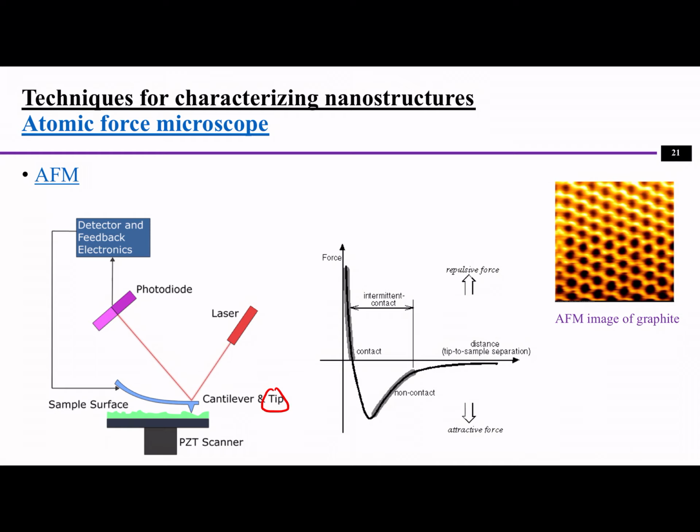So we use a laser, by reflecting the laser beam, we can tell the distance of the light traveling to create the image from this photodiode, and then we'll start to create the image of the specimen. So this is the method of using AFM. We can take a look at this video.